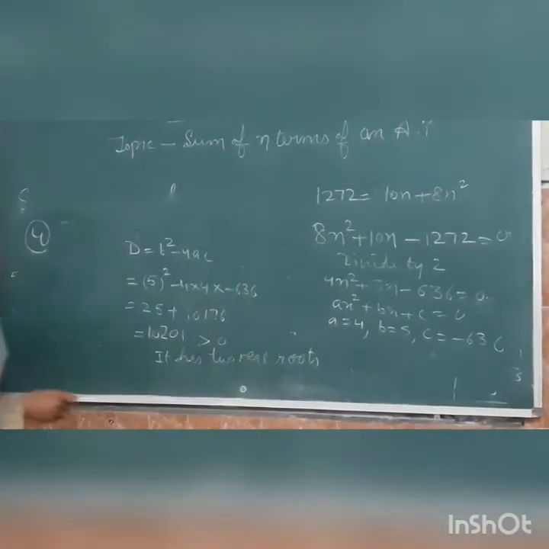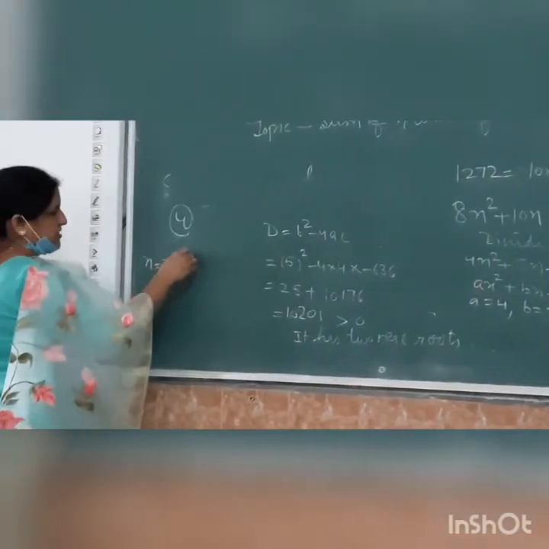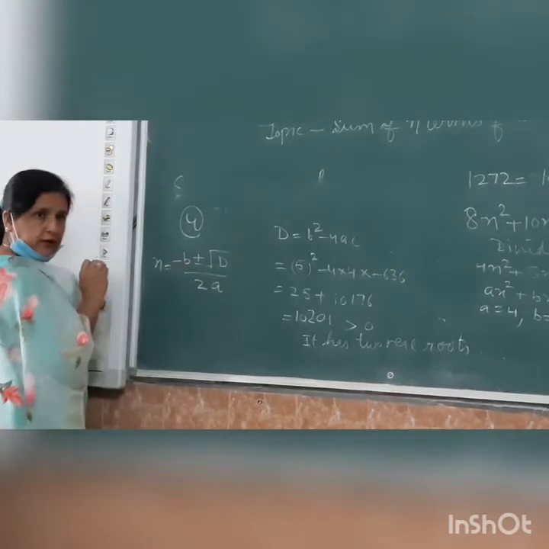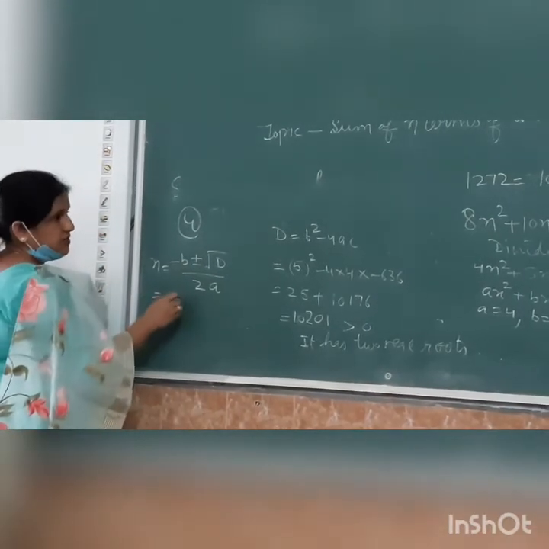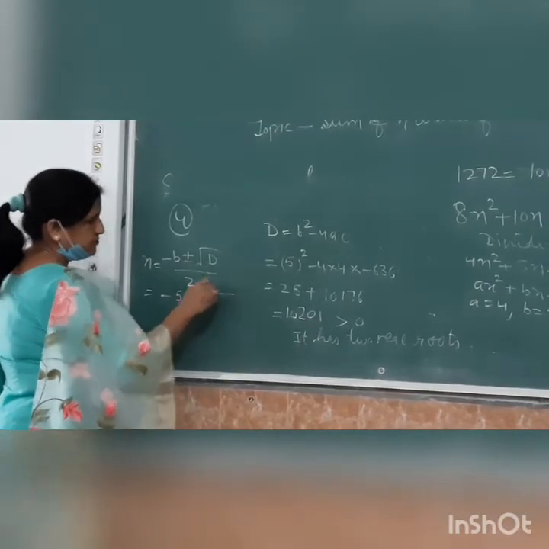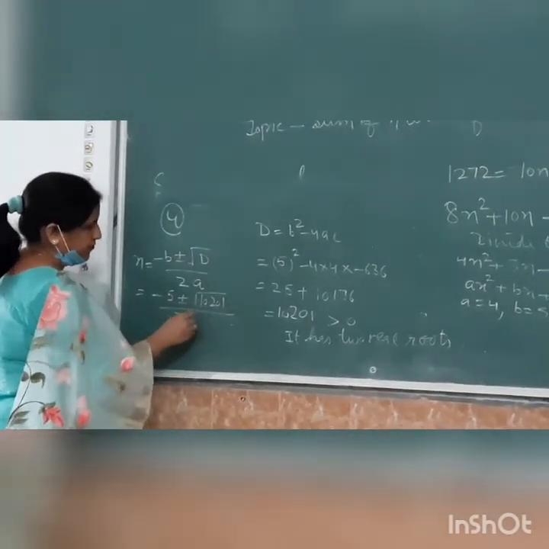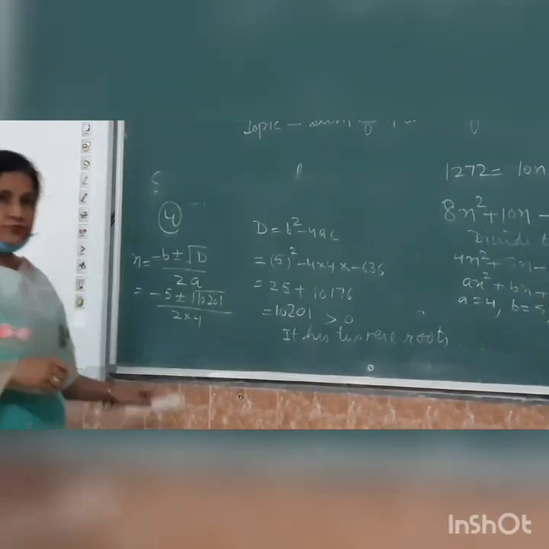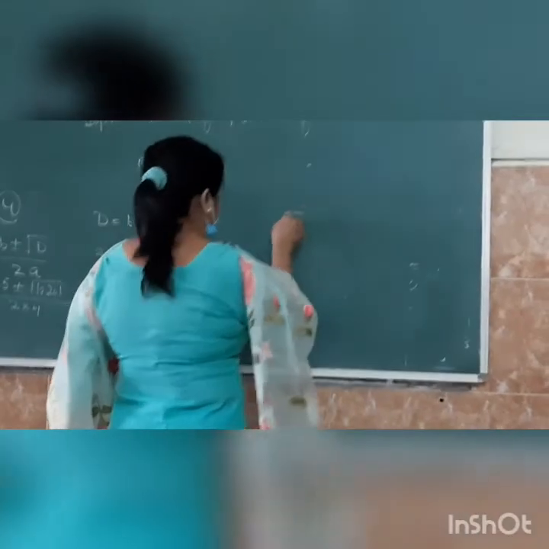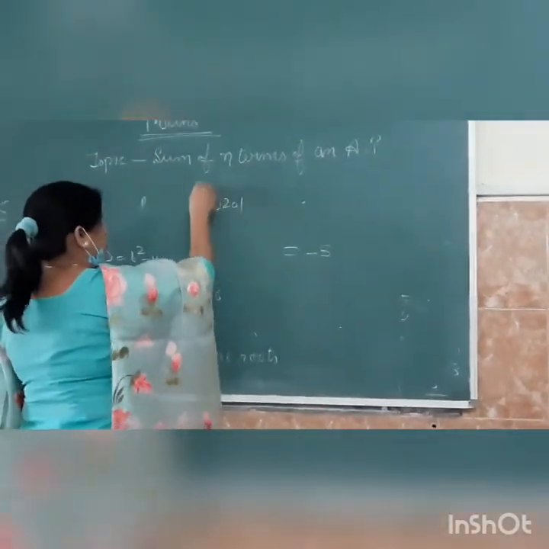Therefore you can find x equals minus b plus minus square root of b square minus 4ac over 2a. Minus b means minus 5 plus minus the square root of D, 10,201, over 2 into 4. Solve this. You can find the square root of 10,201.